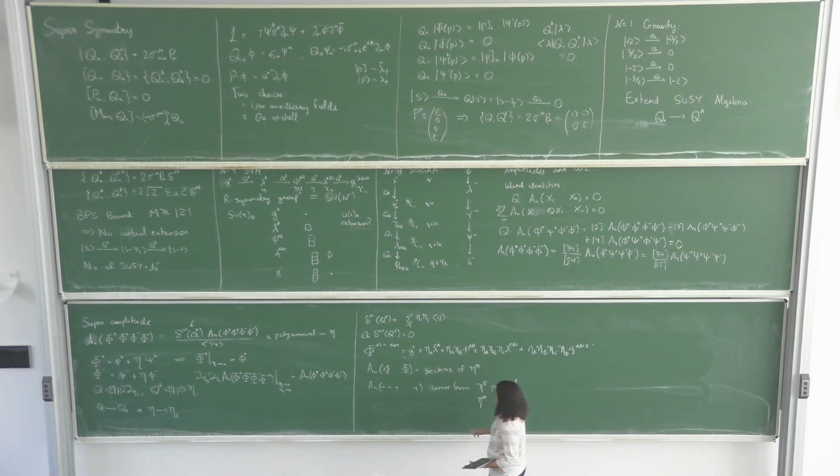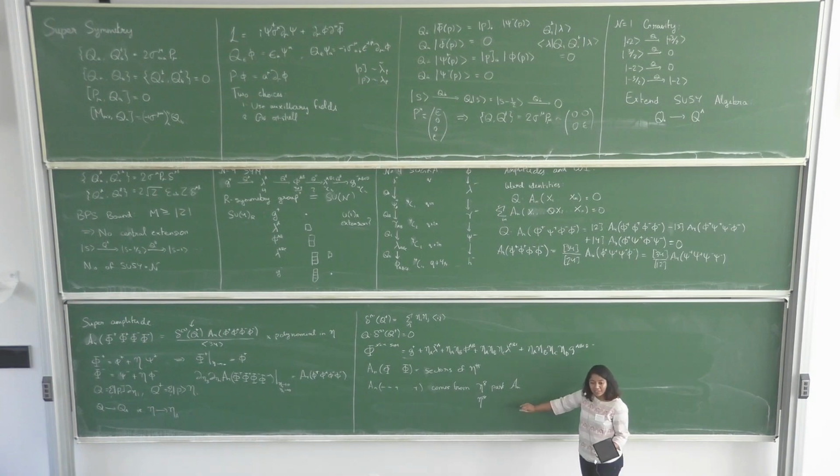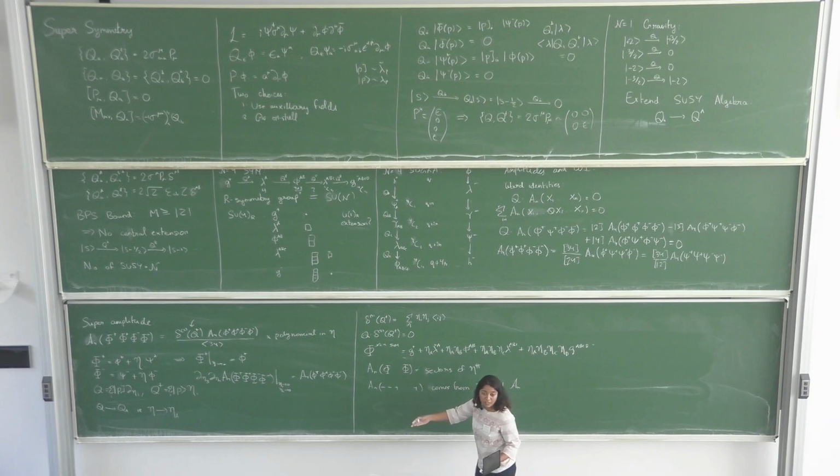Okay, so now this already shows you at the level of the super amplitude that you can't have anything less than 2 negative helicity particles in this amplitude, right? Do you see why?